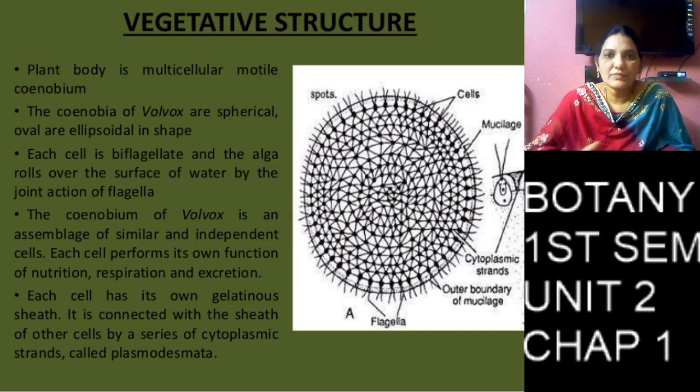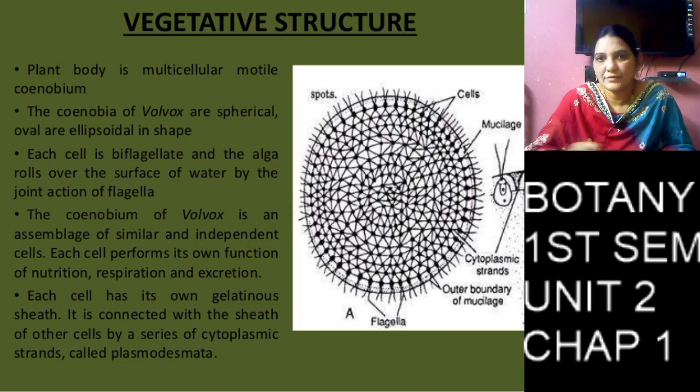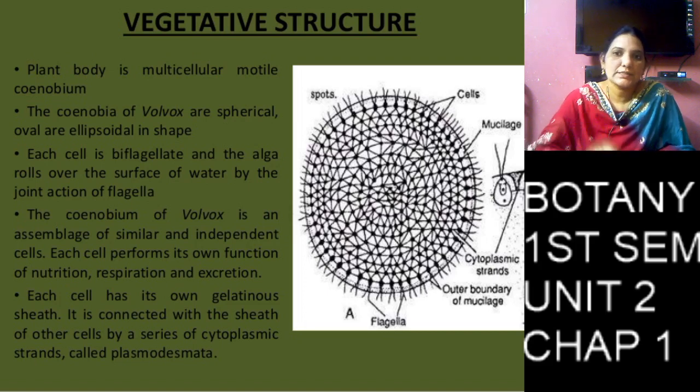Coming to the vegetative structure of the Cenobium, 500 up to 5000 cells are present in it. It looks like one ball-shaped structure. Now let us see the structure of each cell. It is similar to the Chlamydomonas structure.